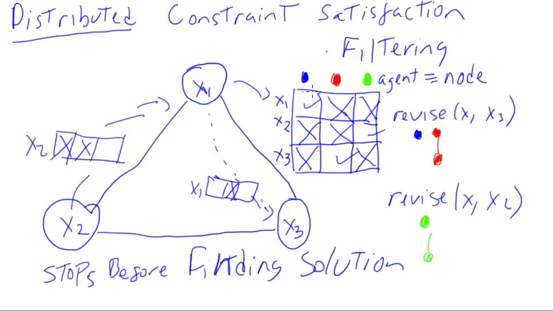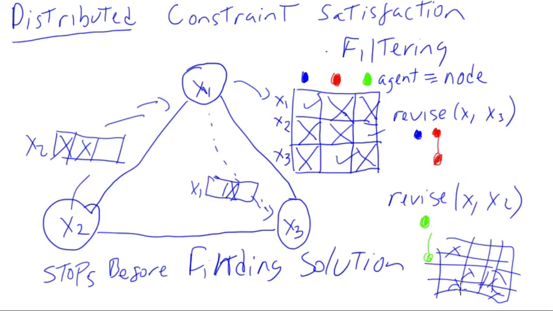In constraint satisfaction, there are multiple solutions, and in those cases, all the filtering algorithm does is reduce some of these domains to smaller ones. You end up with a table with some crosses there, but still plenty of open spots. And that doesn't mean that the remaining open spots are all solutions, right?